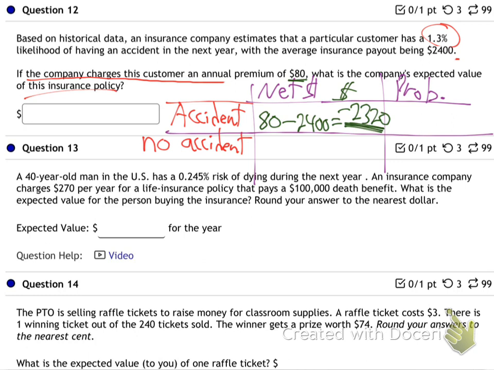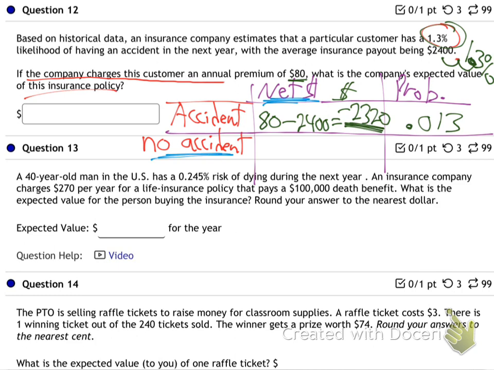What's the probability that that's going to happen? It says right here 1.3%, which means move the decimal back 2 places, 0.013. That is the decimal version of 1.3%. Next, what are the net dollars if we have no accident during the year?